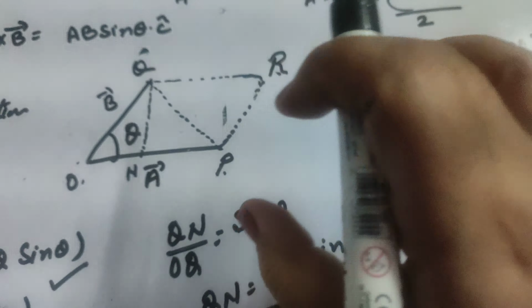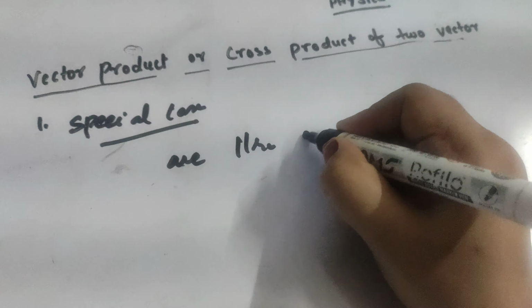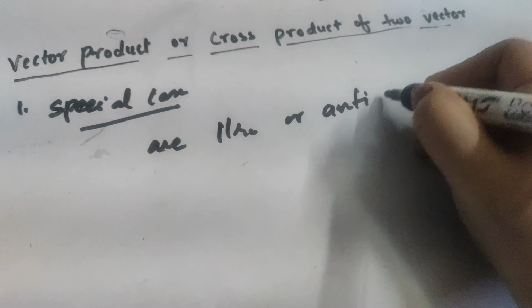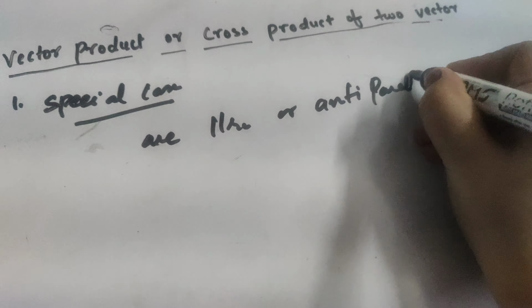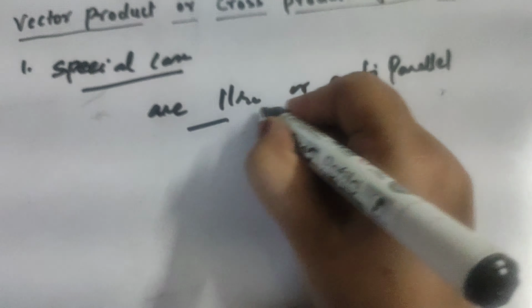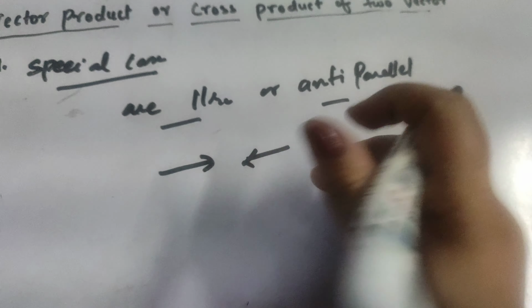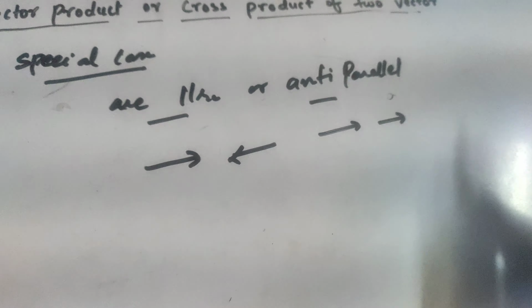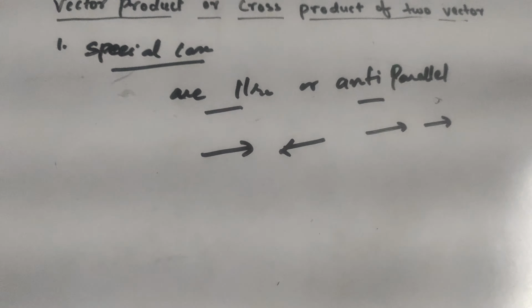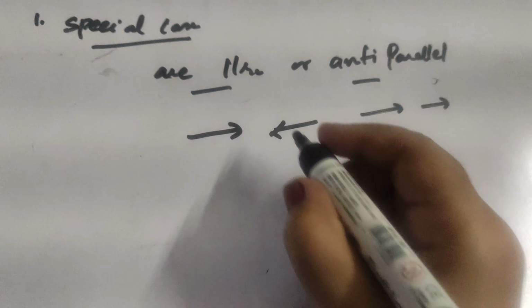Now some special cases regarding the cross product of two vectors. First special case: when two vectors are parallel or anti-parallel to each other, right? In this case, parallel like this or anti-parallel like this, means they are in the same direction or in opposite directions.